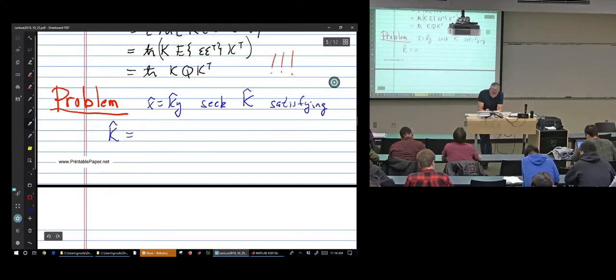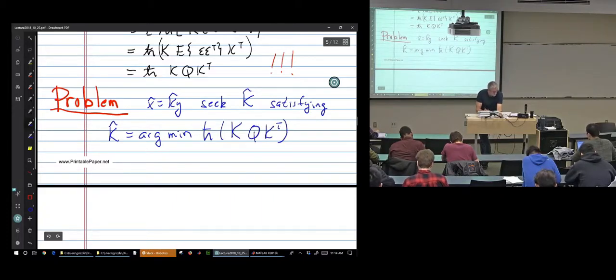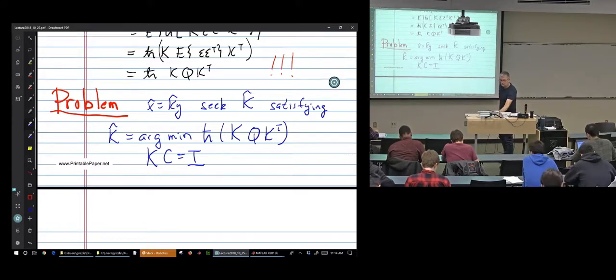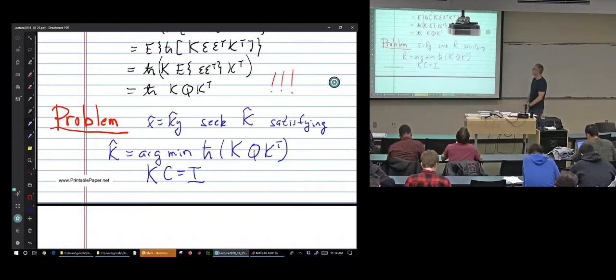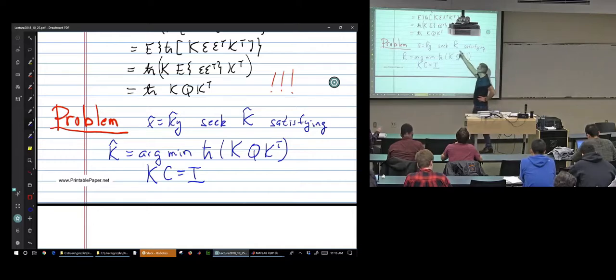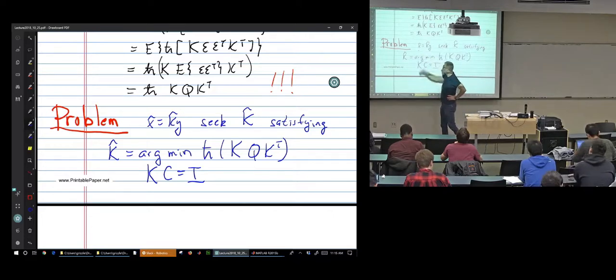K hat equals arg min of trace of K Q K transpose, subject to it being unbiased. Okay, so that's our estimator now. It's linear. We choose the gain to minimize this quantity. It minimizes the variance of our estimator, and this constraint makes it unbiased. So that's our problem.